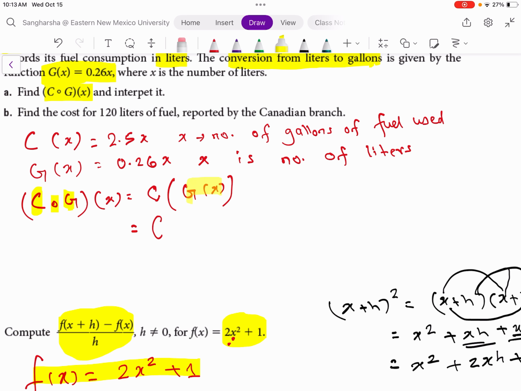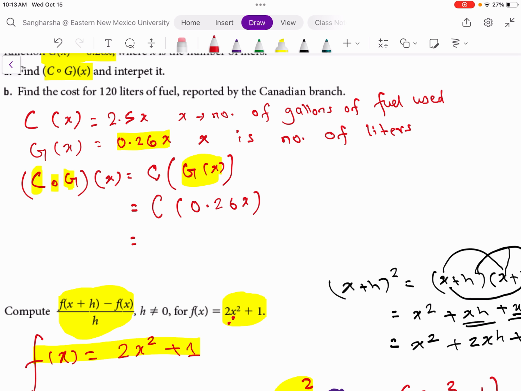Now we know what is G of X, and G of X is 0.26x. Okay, now how do we find C of 0.26x? For this we take a C function.